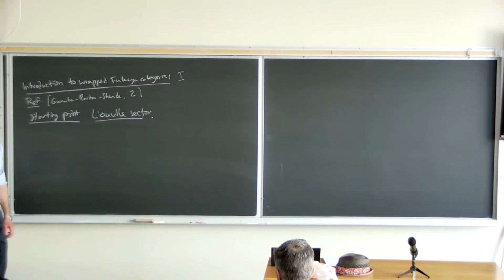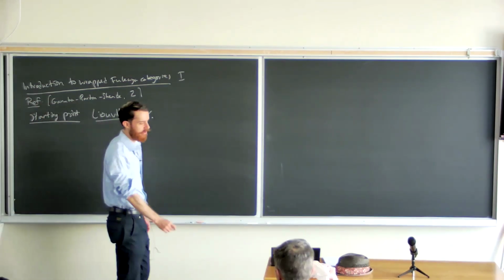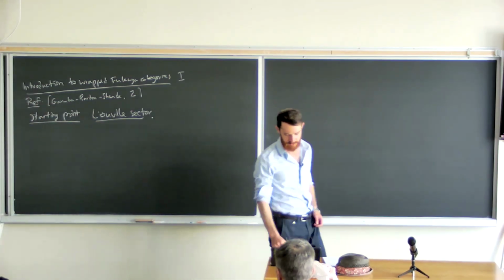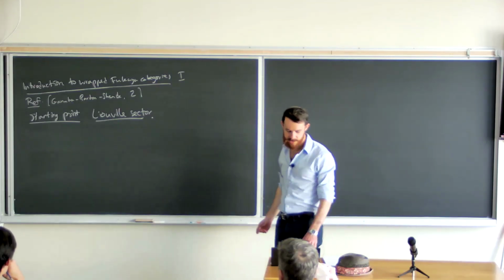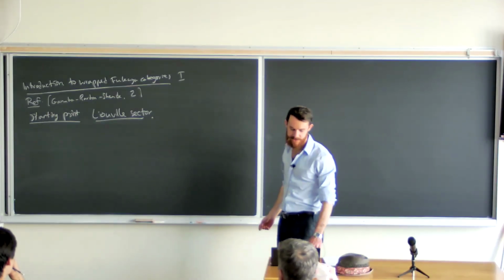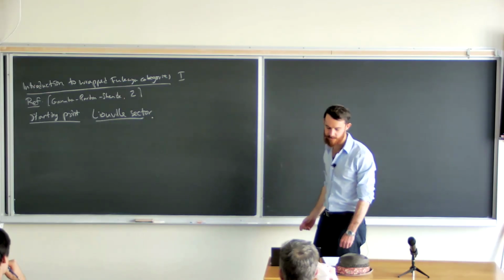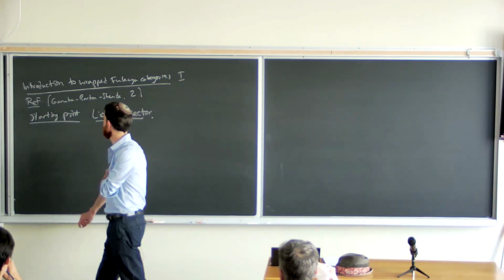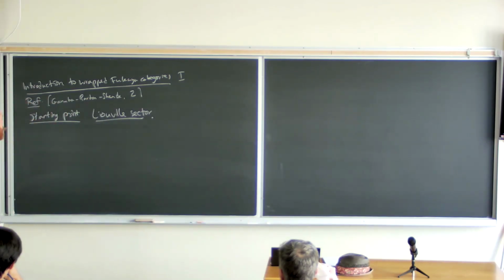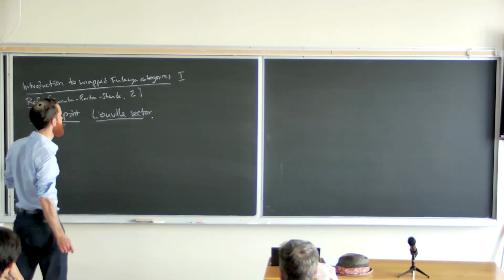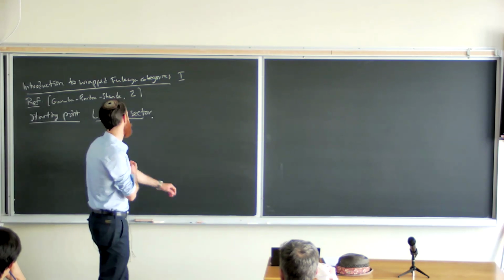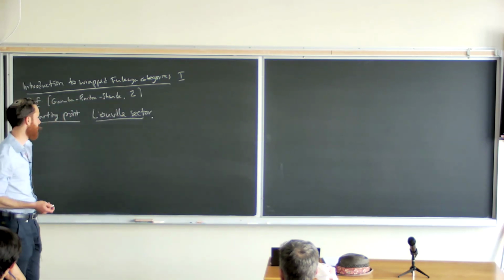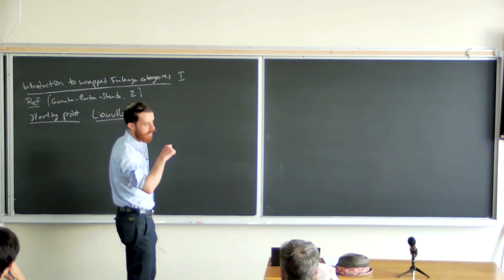So the first part of this talk is going to be teaching you not exactly what a Liouville sector is, but I'll give an approximate definition of a Liouville sector, and we'll see why those are the important things to consider here.